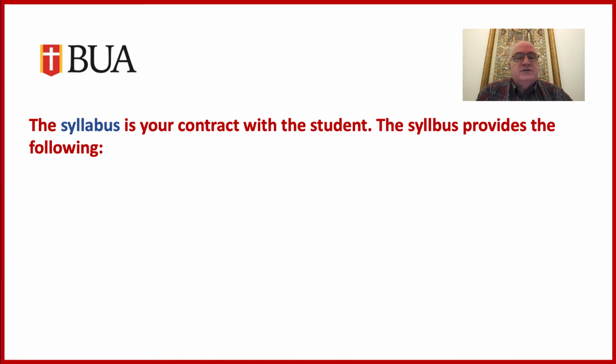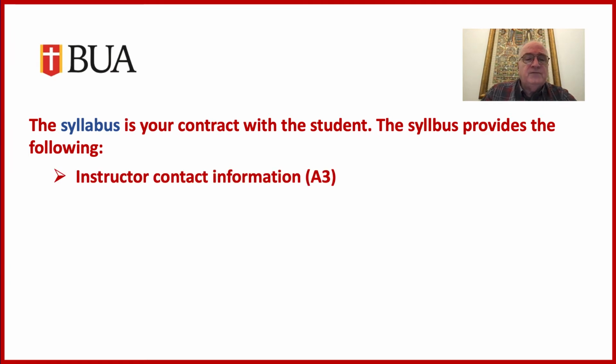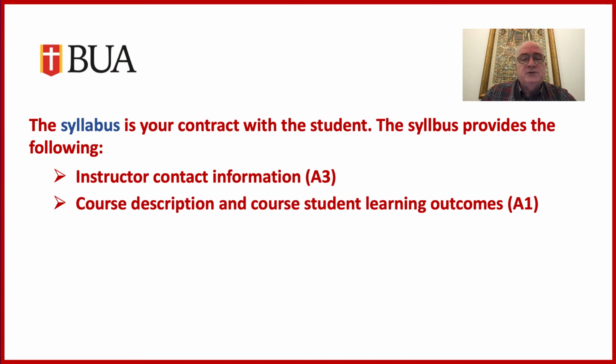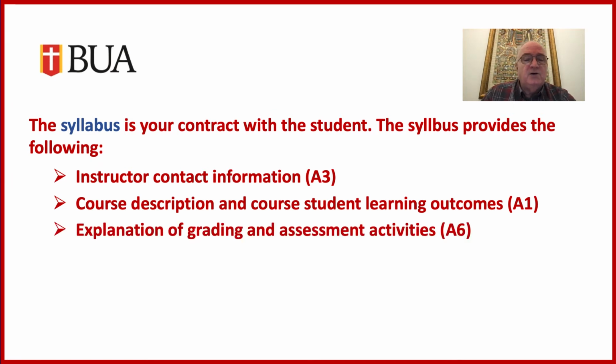You also have a syllabus, and the syllabus is your contract with the student. A good syllabus provides the following: the instructor contact information, course descriptions, and a listing of course student learning outcomes, the CSLOs, an explanation of grading and assessment activities, and we will speak a little bit more of that shortly.